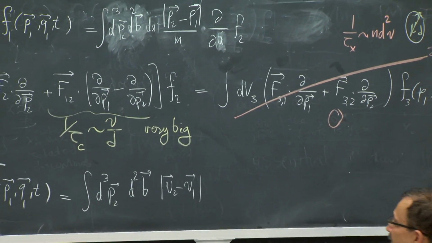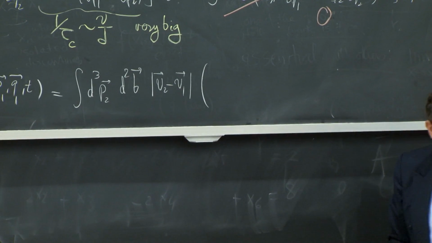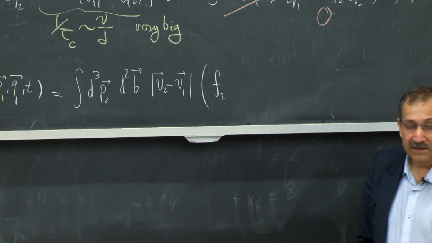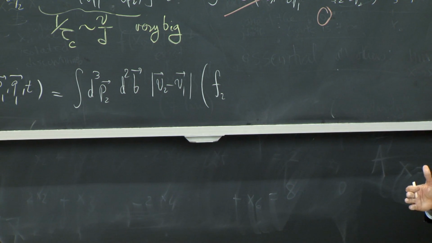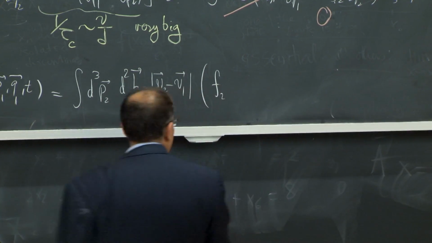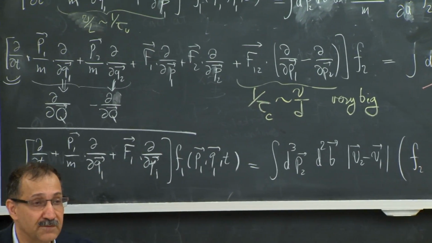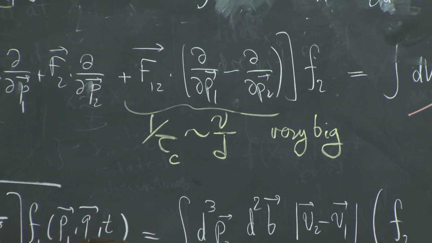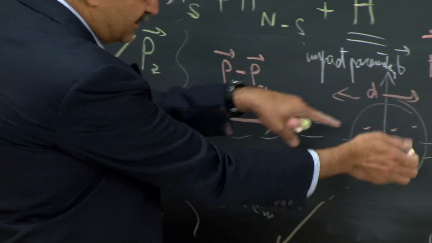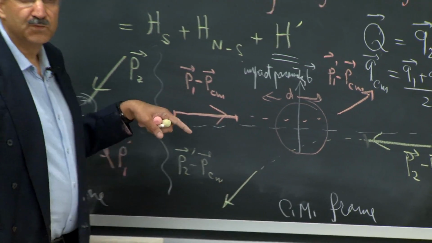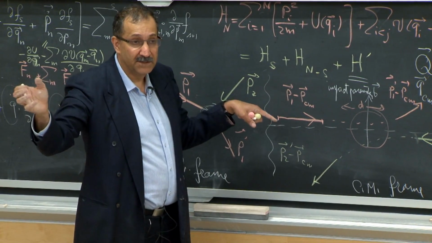So very simply, I will write the answer as F2 that is evaluated at some large distance plus infinity minus F2 evaluated at minus infinity. In principle, I have to integrate over F2 from minus infinity to plus infinity. But essentially, once I am beyond the range of where the interaction changes, then the two particles just move away forever. They will never see each other.